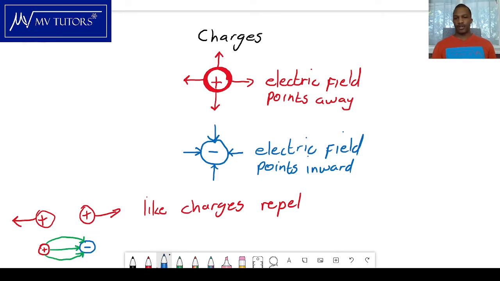So we can conclude that unlike charges, or opposite charges, attract. Remember that.